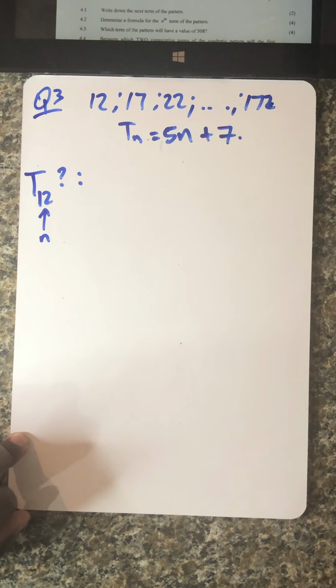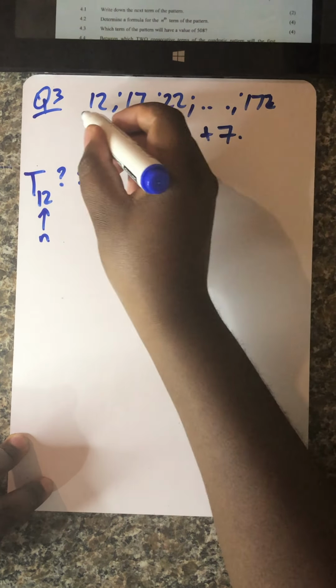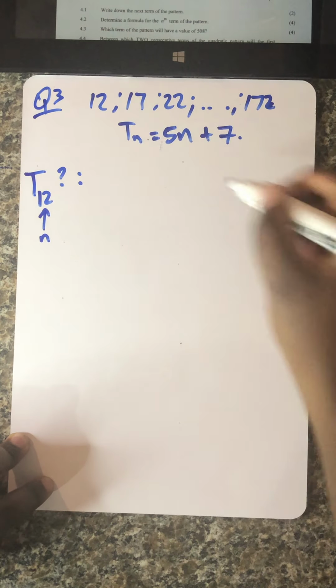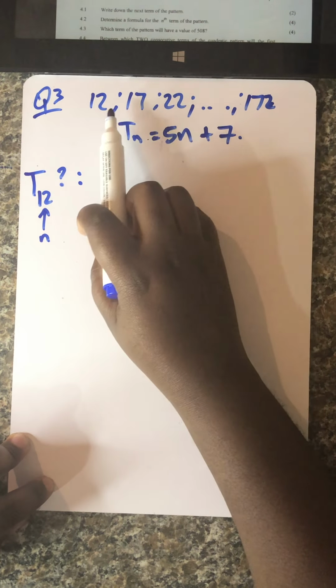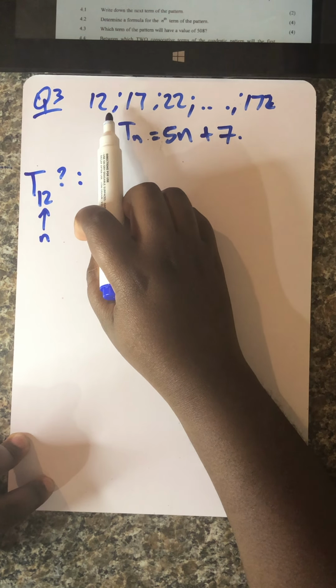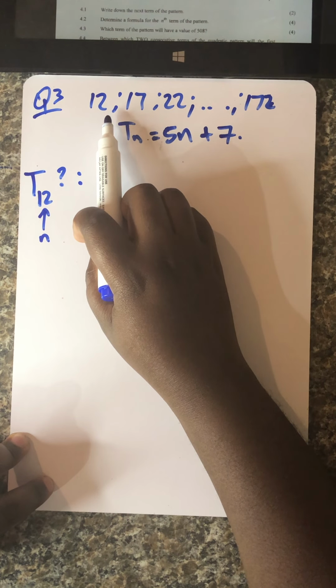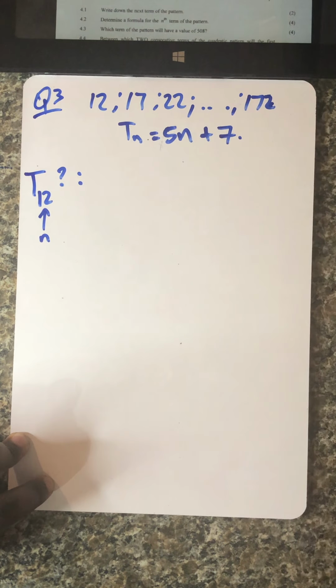So they are saying on this sequence, we want to know what is the number on the 12th term. That's what they want you to indicate.